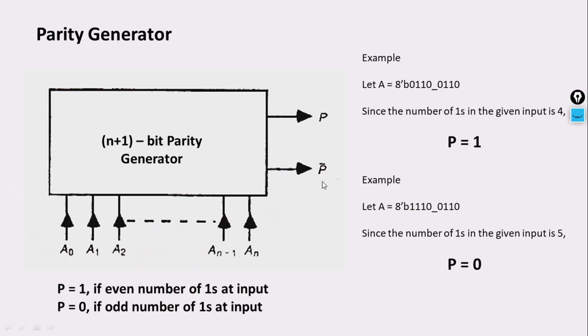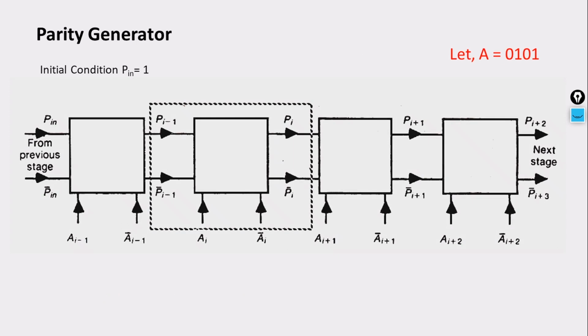It is clear that for an n-bit number, p is generated as 1 if there is an even number of ones at the input, and 0 if the number of ones is odd.